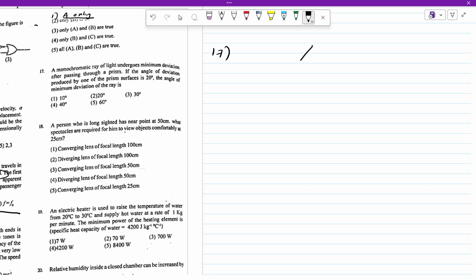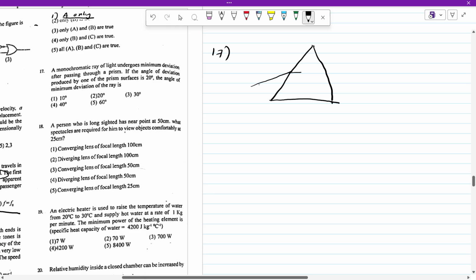If we draw a prism like this, sorry about my diagrams, just ignore the straightness in drawing them. This is how the ray passes.